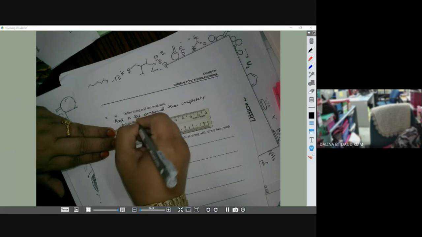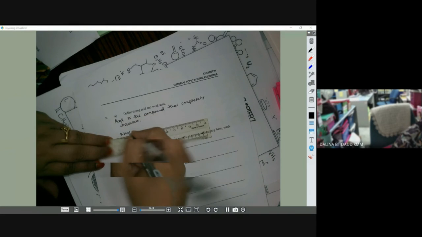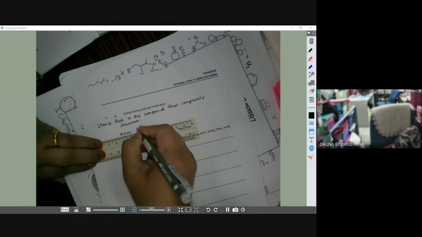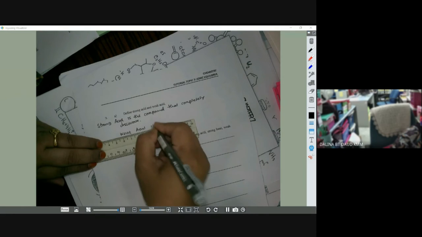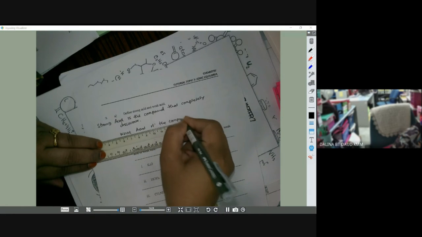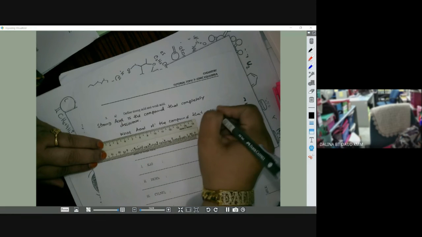Okay, macam yang kita duk buat-buat tu lah. Weak acid, strong acid. Weak acid is the compound that partially dissociate.